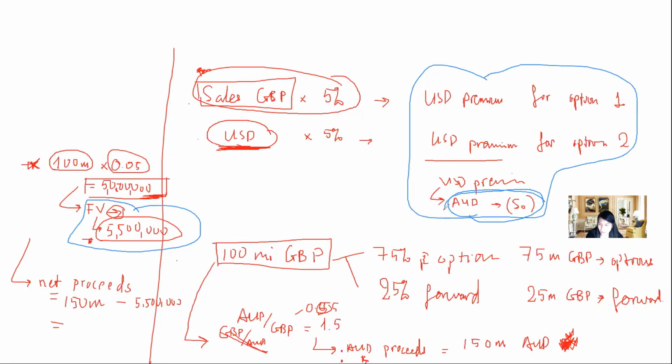So you take this amount and multiply it by the interest rate over the next however many months. Let me call this X2. The net proceeds for your option hedge is going to be the gross proceeds minus the option premium in future value, which is X2. Does that make more sense?